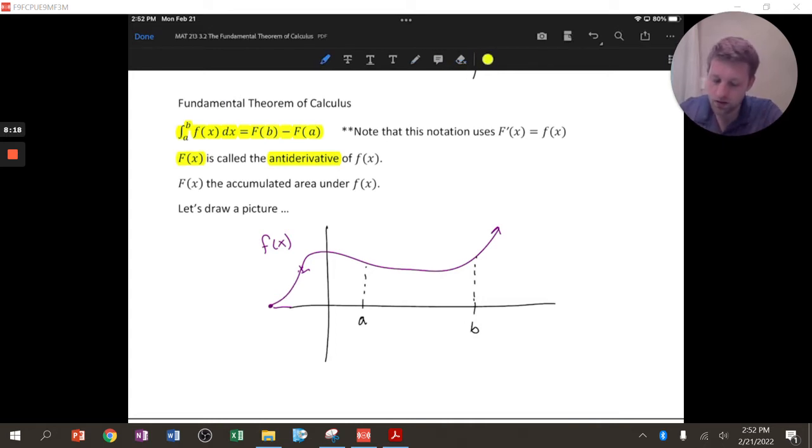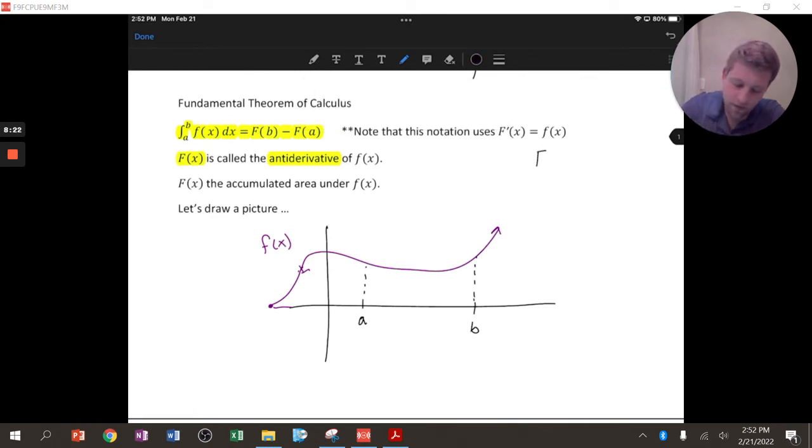We can consider these two quantities, the capital F of b. This is the accumulated area to the left of x equals b. Let me write that out.